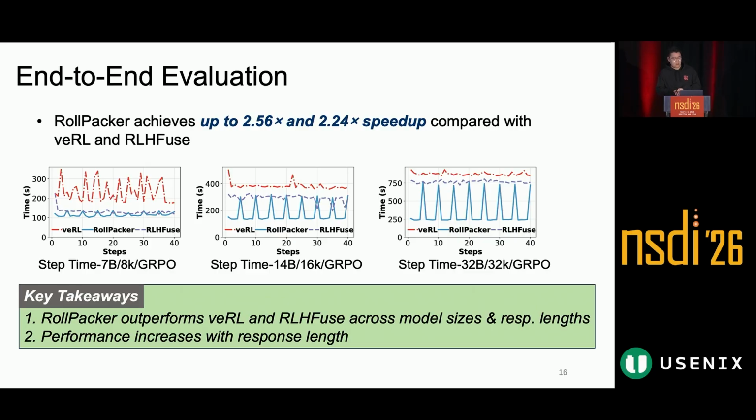We can see that RollPacker achieves more than 2 times speedup over veRL and AReaL. This speedup mainly favors longer response lengths. As we can see, the gap is the largest for the 32 billion model with 32K response length.